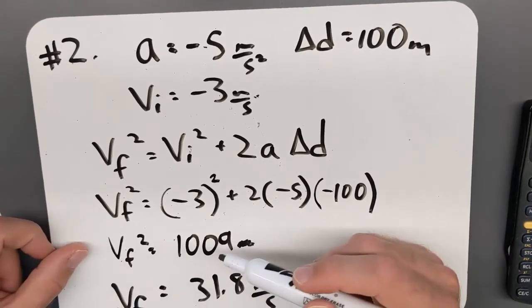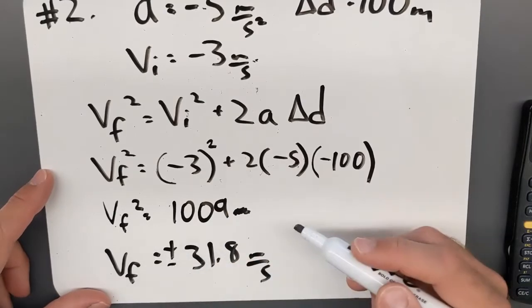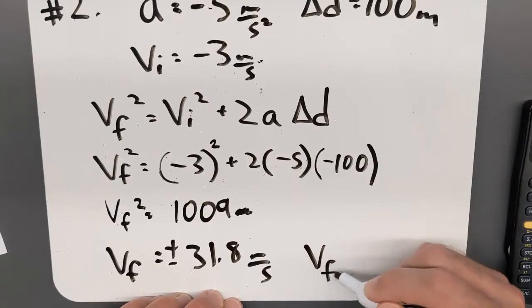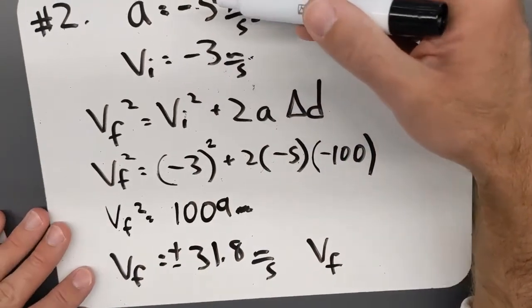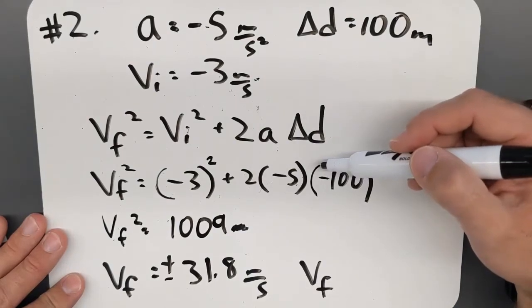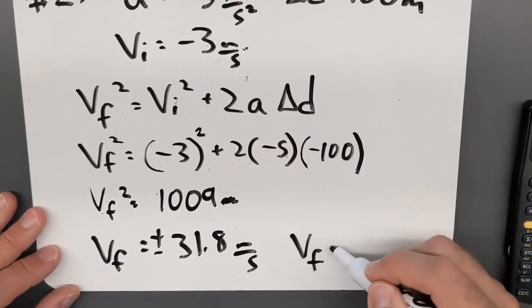When we take a square root of something, remember that is plus or minus. So which one is it in this problem? Well, since we're moving in the negative to start, we are speeding up in the negative, we are traveling in the negative direction, we have a negative displacement, our final velocity is going to be in the negative direction.